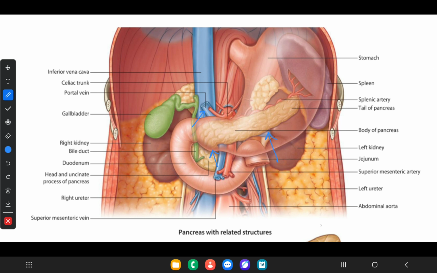That means like this. The cross section is like this. If this is the anterior border, this is the superior border, and this is the inferior border. Imagine this one is the anterior border, superior border and inferior border.